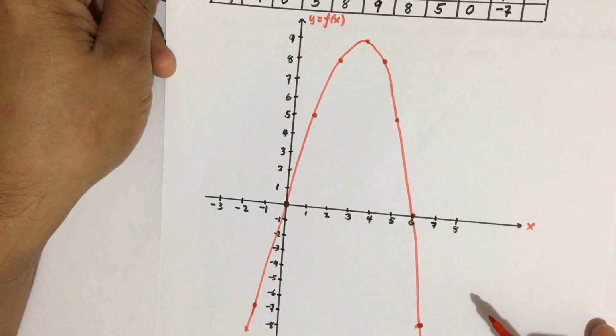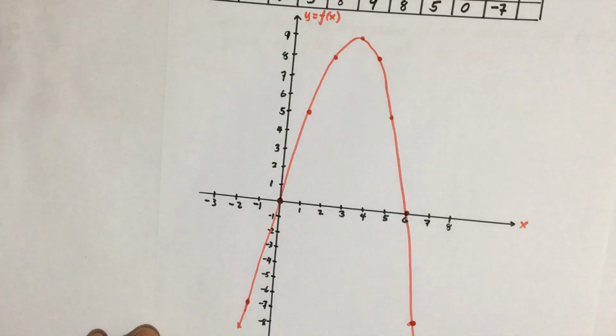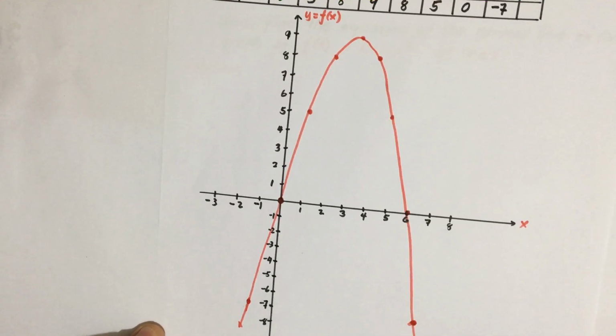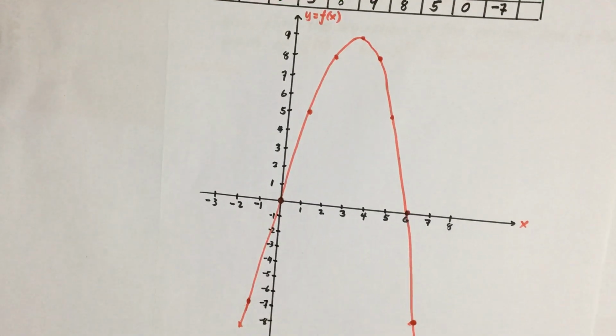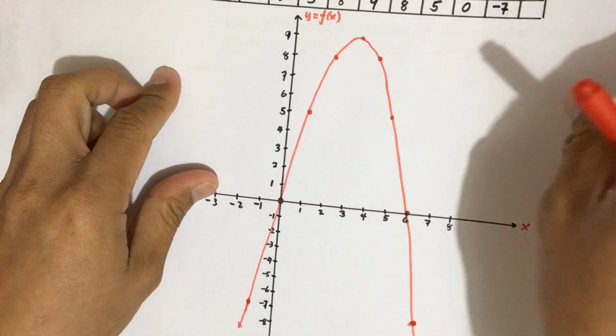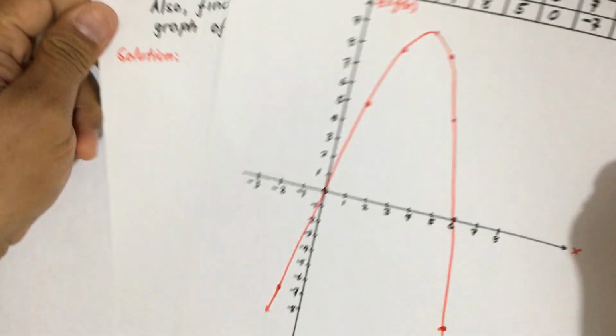Okay, so this is the picture of the graph of the function. Alright, so going back to the problem, at least you know now what the picture of the graph is.